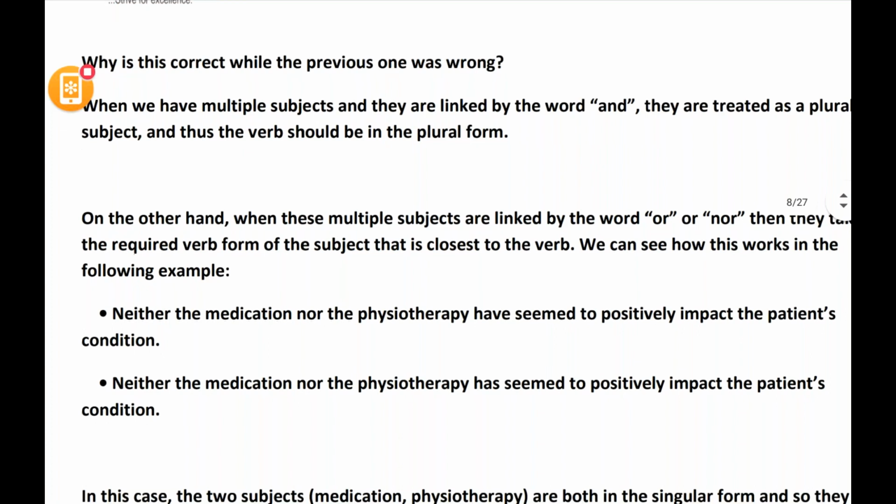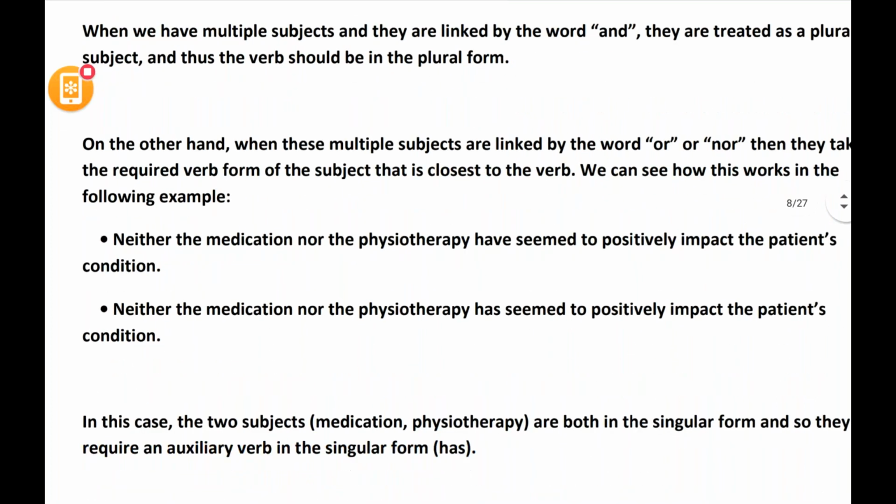I'll tell you the difference now. Look, neither the medication. Is medication singular or plural? Medication is singular, ma'am. Very good. Physiotherapy is uncountable. It's also singular, right? Yes, both the subjects are singular. And that is why your second sentence is correct.